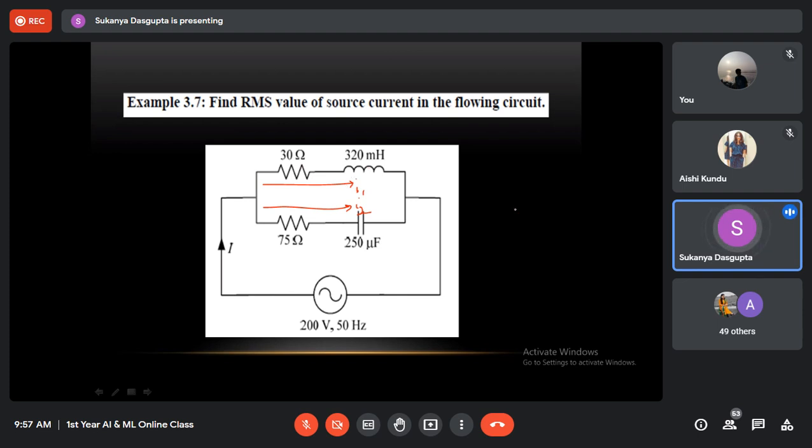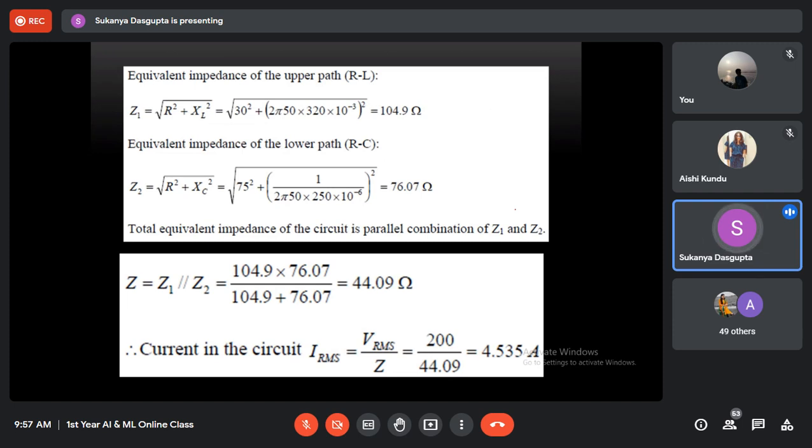Fine. Let's see the solution. First, we'll find out the equivalent impedance of the upper branch containing R and L, Z1, which equals square root R square plus XL square. Please let me know if there is any discrepancy in the calculation. Next, we'll calculate the equivalent impedance of the lower branch containing R and C, which is Z2 equals square root R square plus XC square.